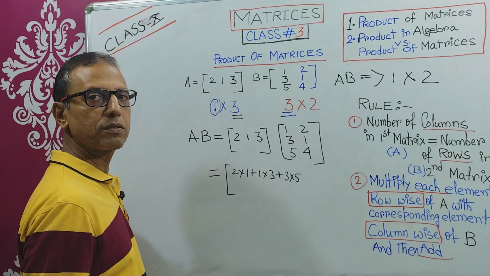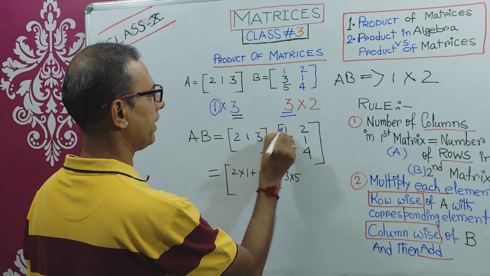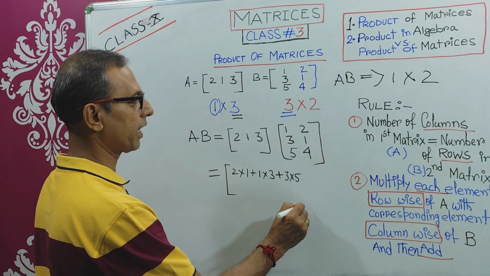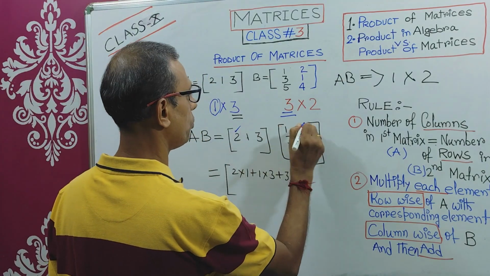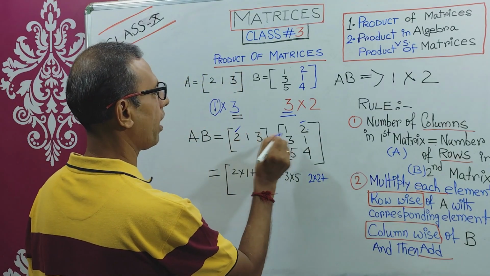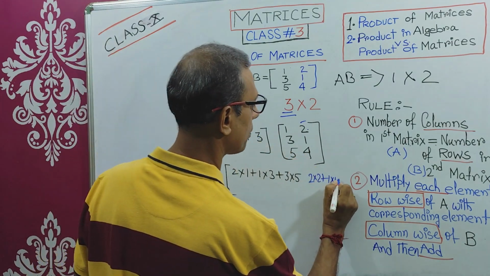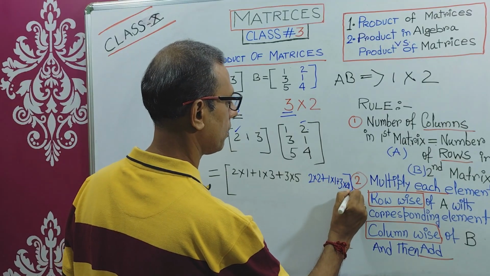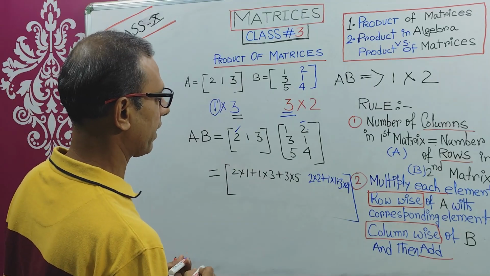This is the first element, right? What is the second element? Then again the same thing you will do with the first row and the second column of the second matrix. So it will be 2 into 2 plus 1 into 1 plus 3 into 4. So that is how the matrix will be.